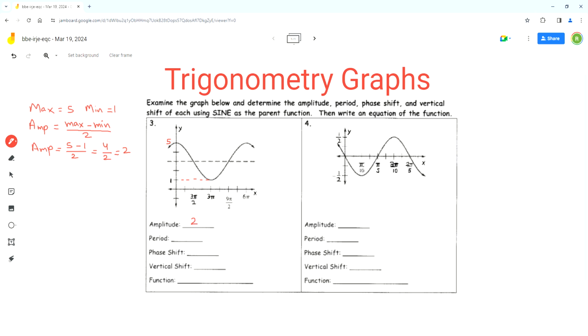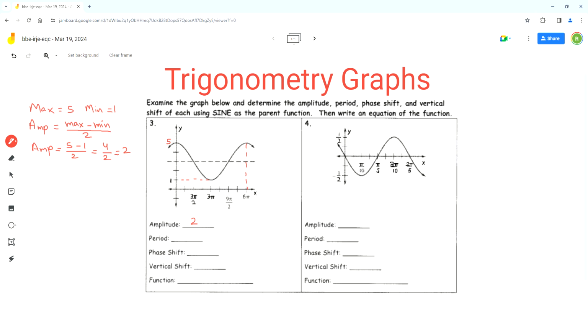Now we have to find the period. Period represents the length of one full cycle of a periodic function. In this case, one maximum point is on the y-axis and the other maximum point is at 6 pi on the x-axis. The period is measured along the x-axis.